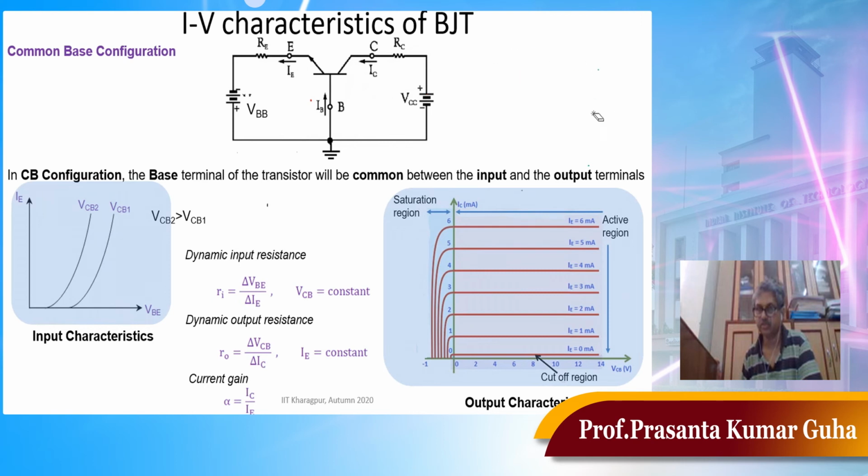The number of carriers crossing the junction will be able to reach the collector, right? So in the active region, the collector current is independent of collector base voltage. It really depends on how many carriers manage to cross the base emitter junction and ultimately reach the base collector junction. So if you increase IE, IC will increase. In other words, collector current depends on VBE rather than VCB. Okay.